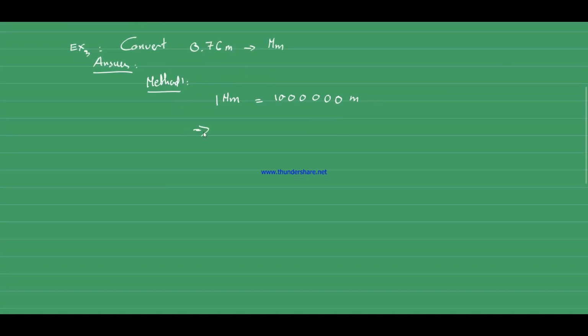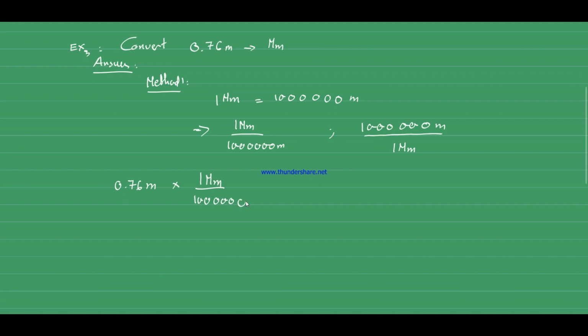Now we have to set up the conversion factor. 1 megameter is 1 million meters, or 1 million meters is 1 megameter. So we use one of these conversion factors. We put 0.76 meter, so we have to cancel the meter. It looks like we've got to use this. Multiply by 1 megameter over 1 million meters. So you cancel that, and you have 0.76 divided by 1 million.